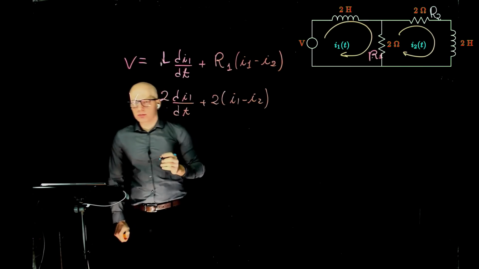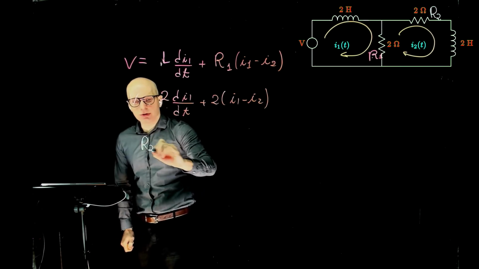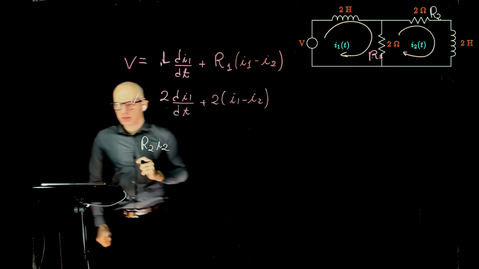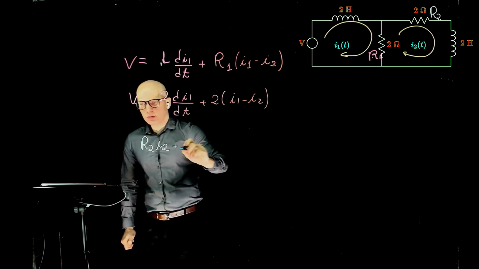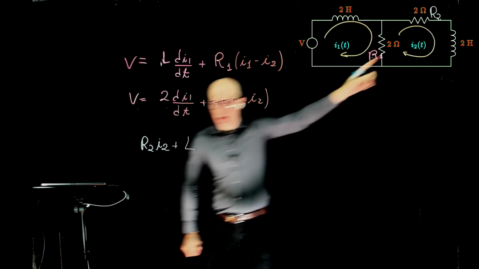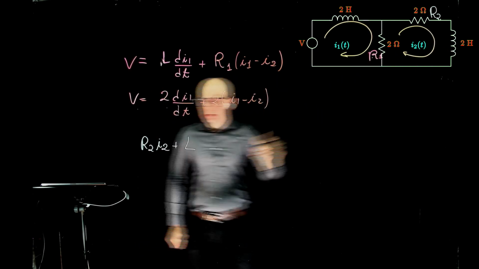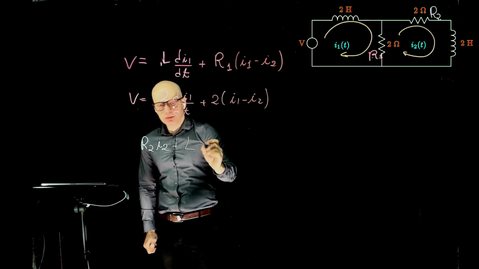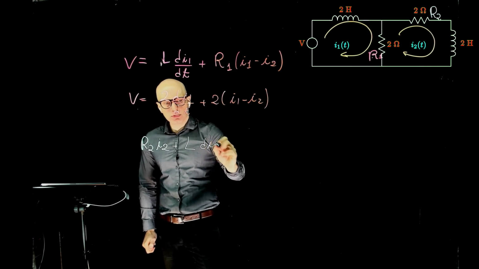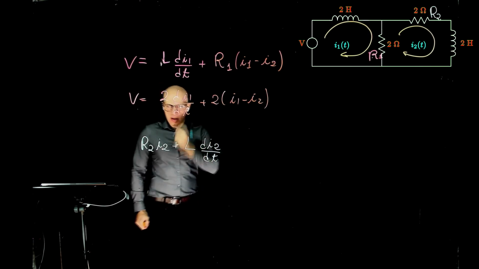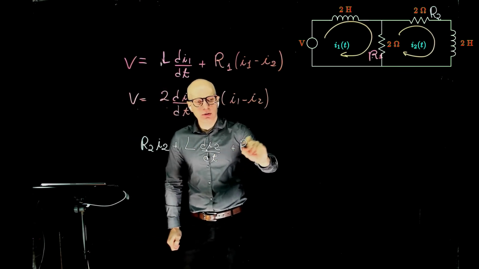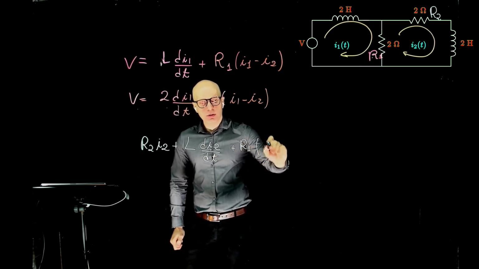R2 times R2, plus L, that L times di2 over dt. Very good. Plus R1 times I2 minus I1.